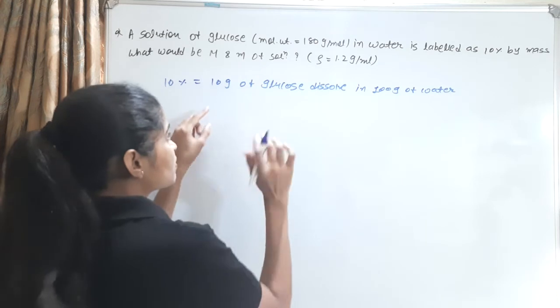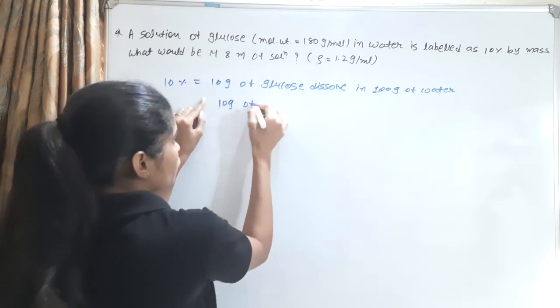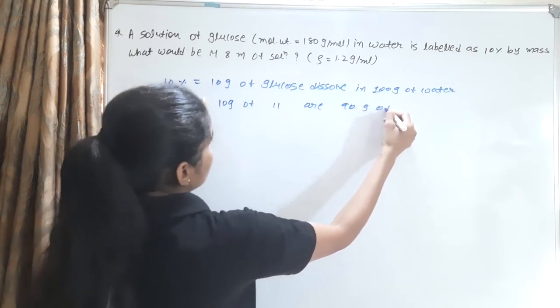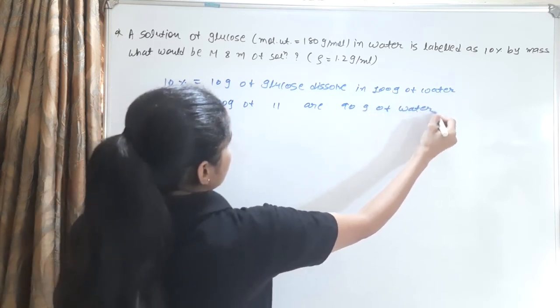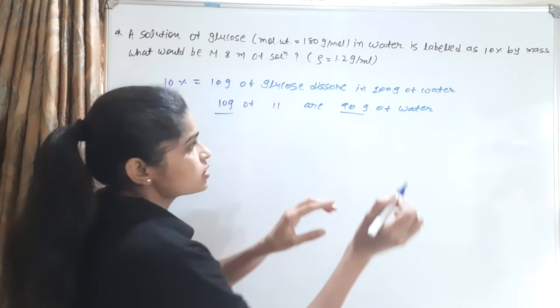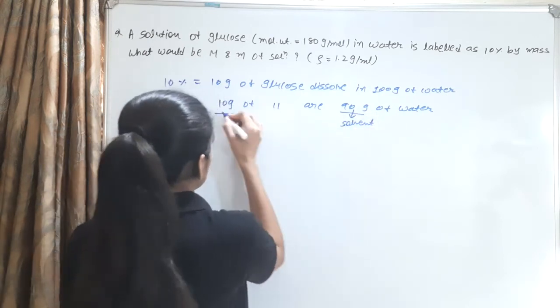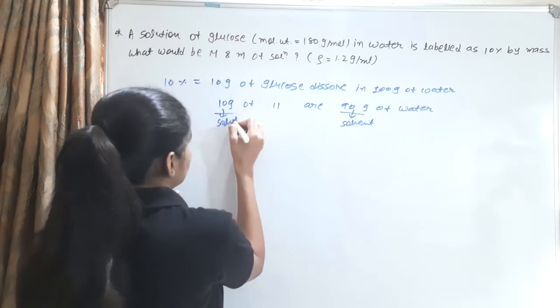So another meaning is that 10 gram of glucose is dissolved in 90 gram of water, because the total value is 100.